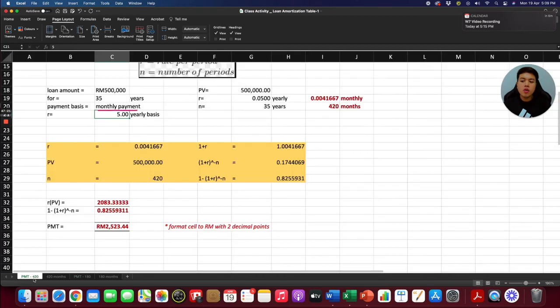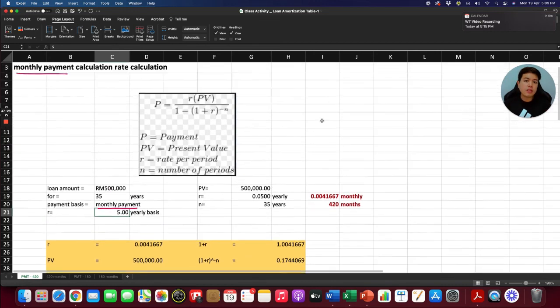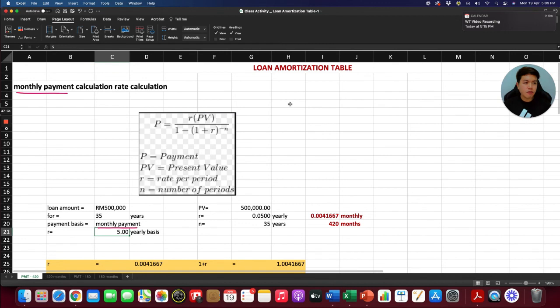And I really hope that this week's lesson helps you a lot in better understanding how loan amortization works. You can share this with your parents, your friends, your siblings, so that they know the impact of a higher interest rate. For instance, let's say your parents want to buy a house, and they have a few applications with Maybank, RHB, Bank Islam.